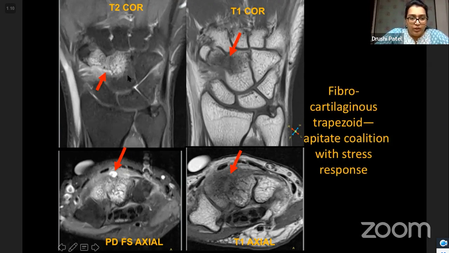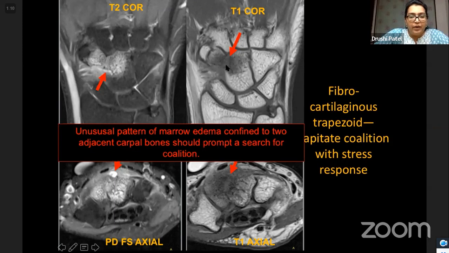What is important to note is that the marrow edema pattern was unusual. It was two adjacent carpal bones that were showing edematous changes. And if you look closely, this is the site of fibrocartilaginous coalition. So this is fibrocartilaginous trapezoid-capitate coalition with stress response.